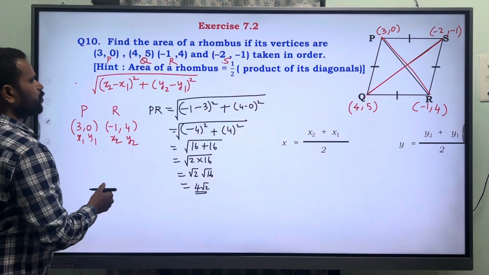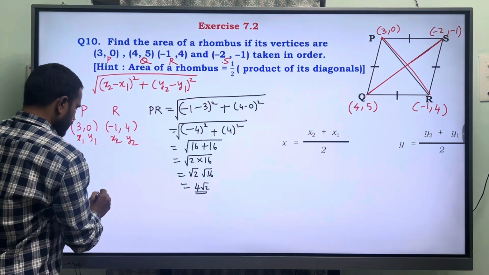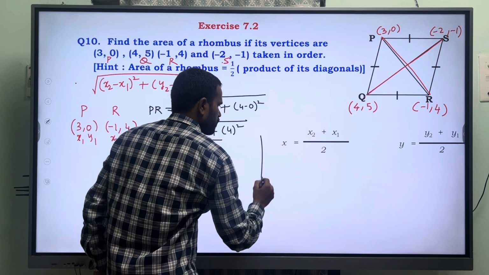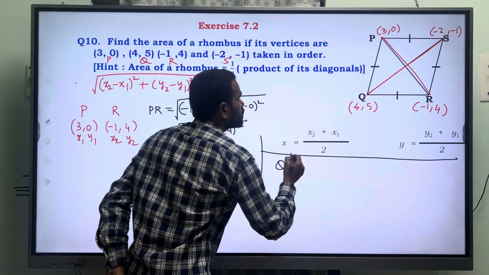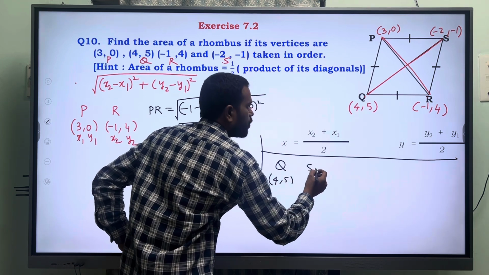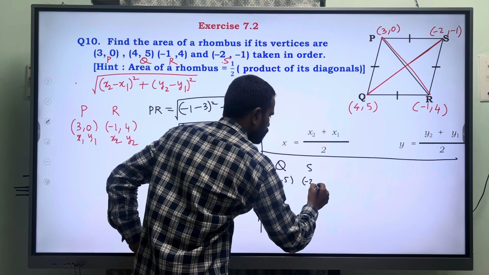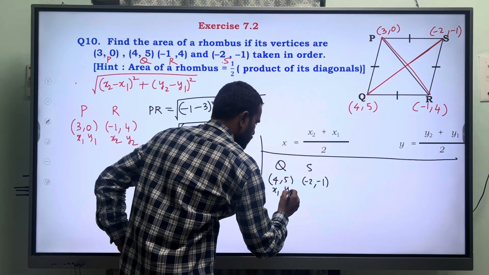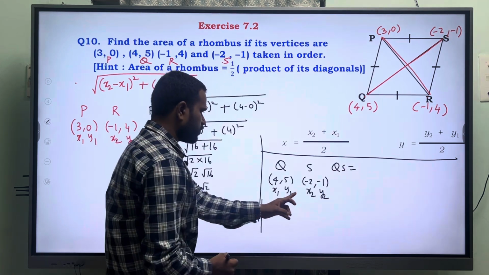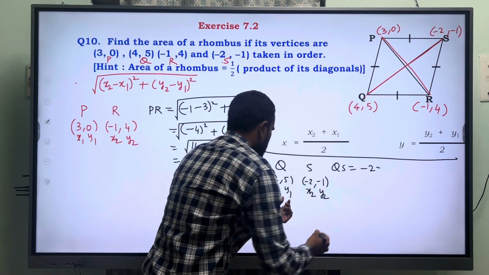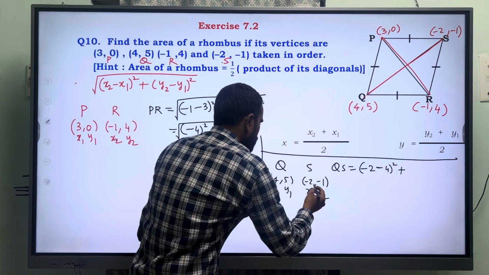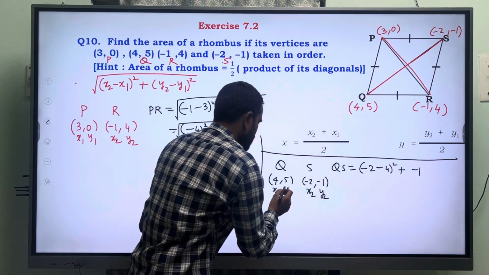Now what is the other diagonal we need to find? QS. So let us find QS. Q is 4 comma 5 and S is minus 2 comma minus 1. This is x1, y1, x2, y2. So QS distance is equal to root of (x2 minus x1): (minus 2 minus 4) whole square plus (y2 minus y1): (minus 1 minus 5) whole square.